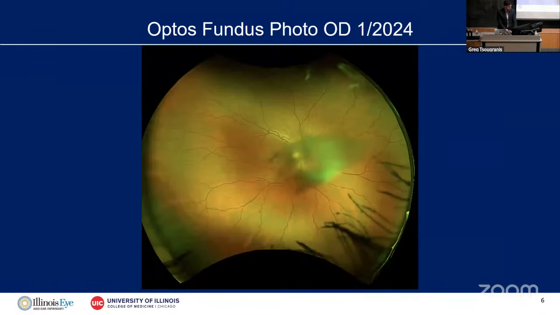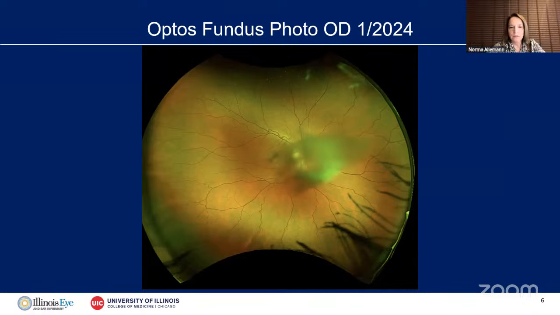So here is the optos of the right eye. Would any residents be willing to discuss what they see here? Hi, I'm Cassie, one of the PGY3 ophthalmology residents here.